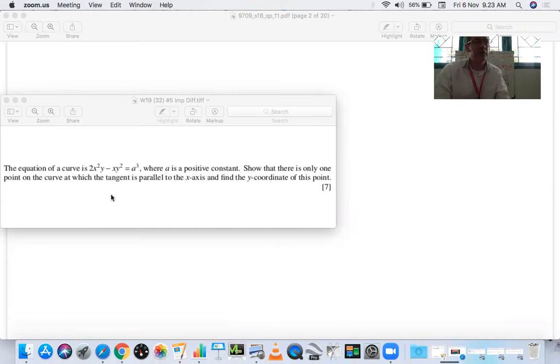Show that there is only one point on the curve at which the tangent is parallel to the x-axis, and find the y-coordinate of this point. And notice it's 7 points for this question, so you have about 10 minutes to work it out.